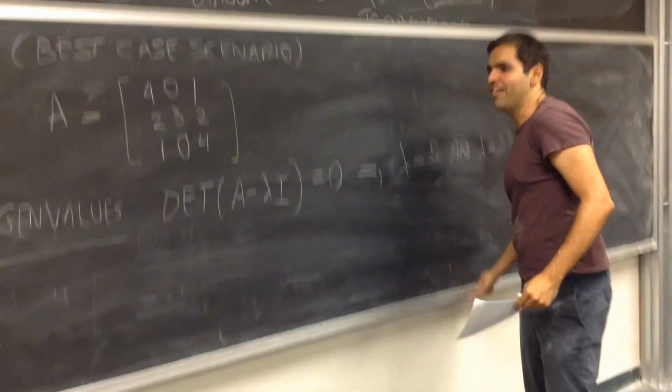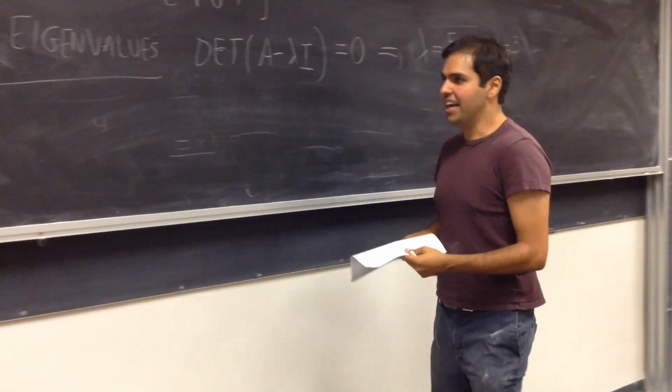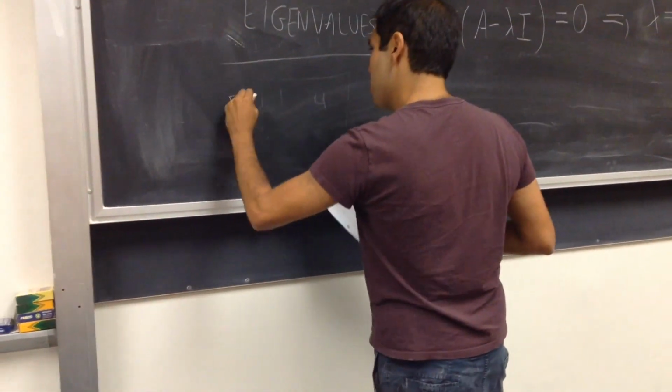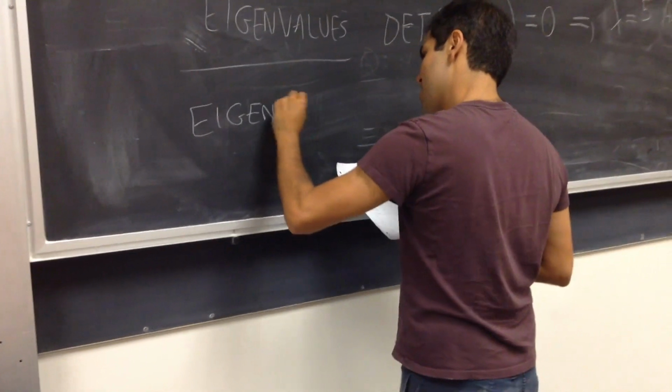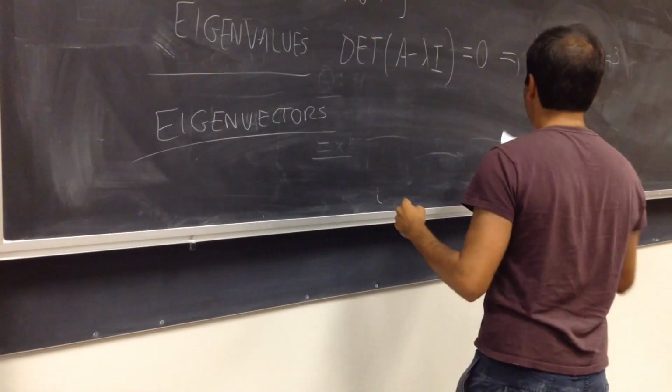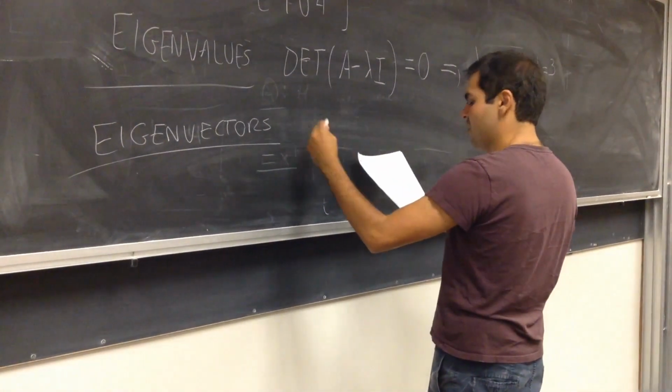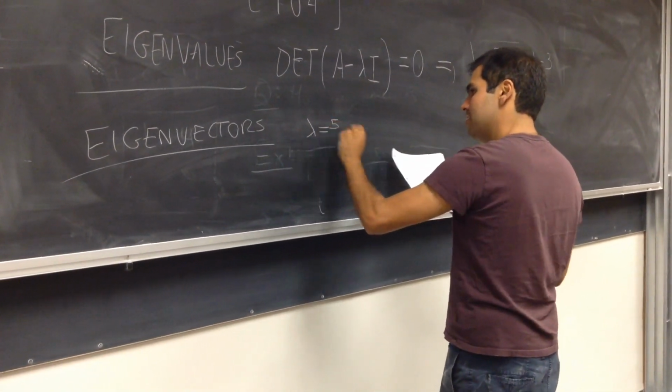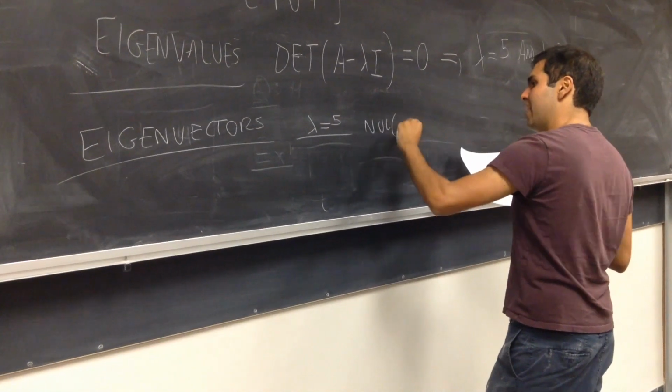Once you find the eigenvalues, you find the eigenvectors. So for both eigenvalues, you find the corresponding null spaces. So lambda equals 5.